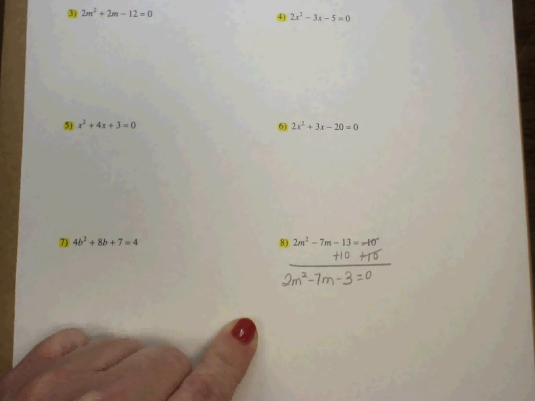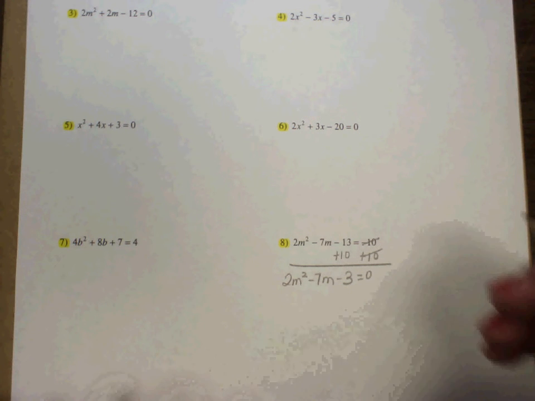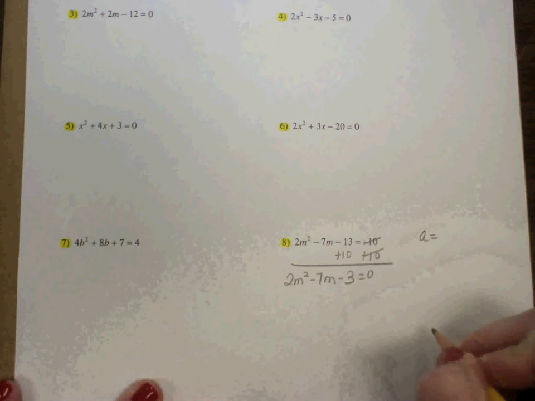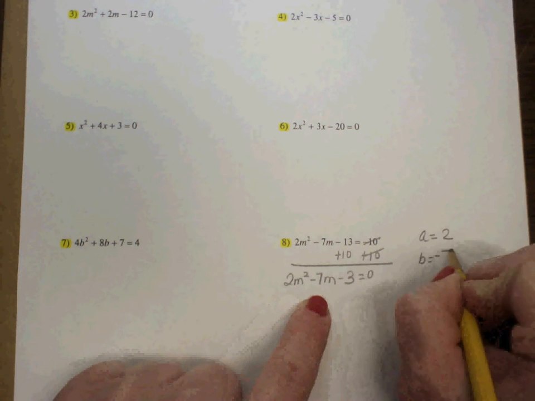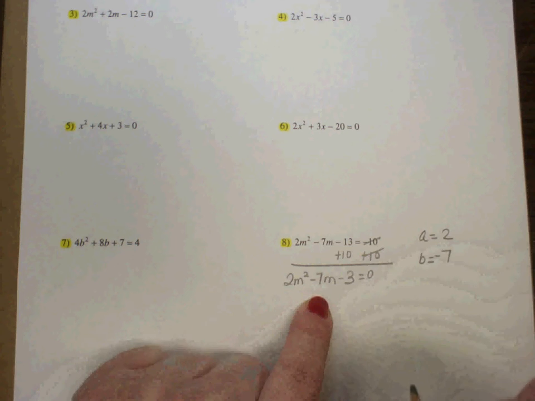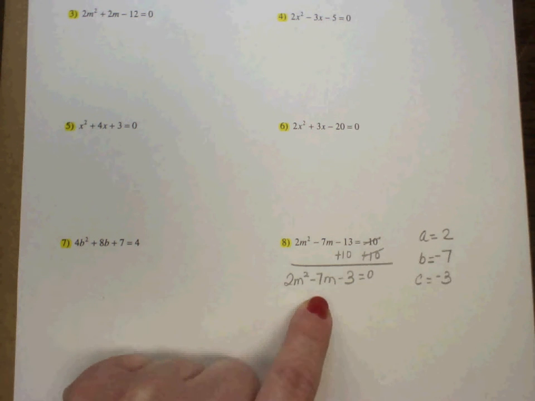All right. So now let's identify my a, b, and c. My a is my quadratic term, which is 2. B is your linear term, which is negative 7. And C is your constant, or your y-intercept, which is negative 3. I'm going to go ahead and write the formula once again.